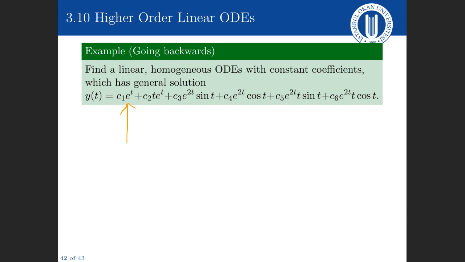Start with C1 e to the power t. So that tells us the first root is equal to 1. Then we have C2 t e to the power t. Second root must also be equal to 1.